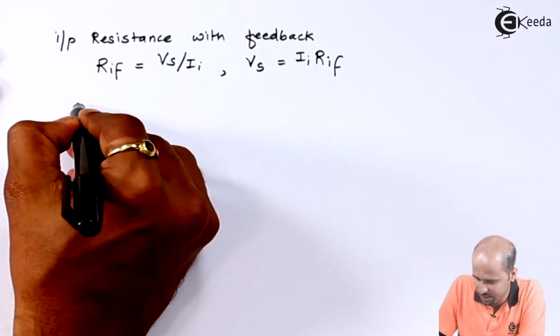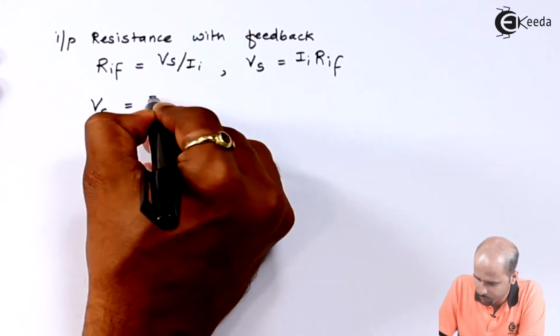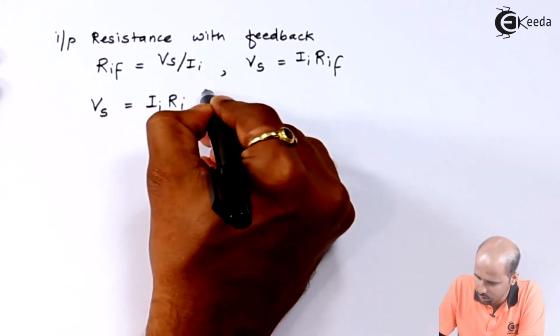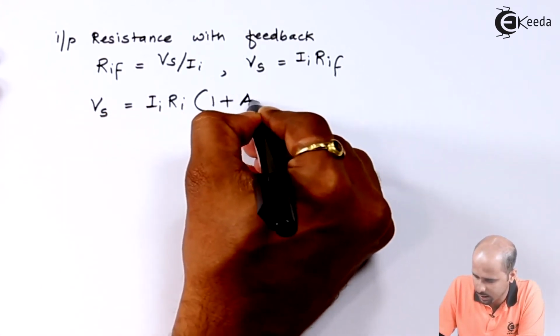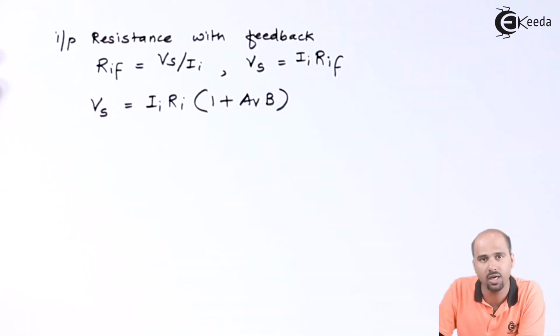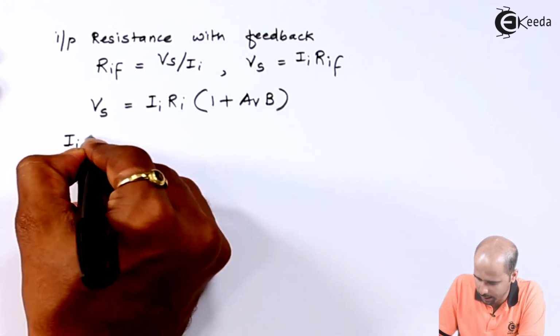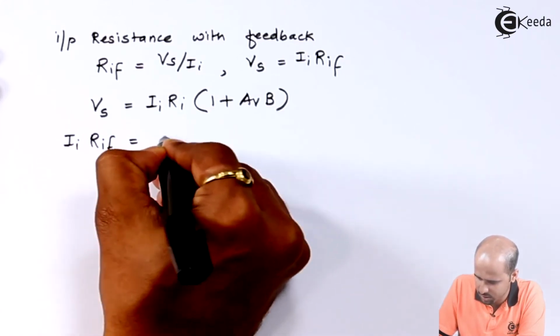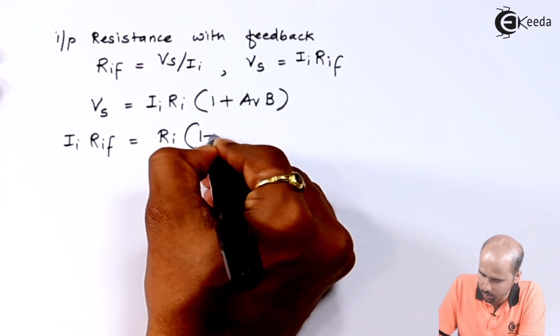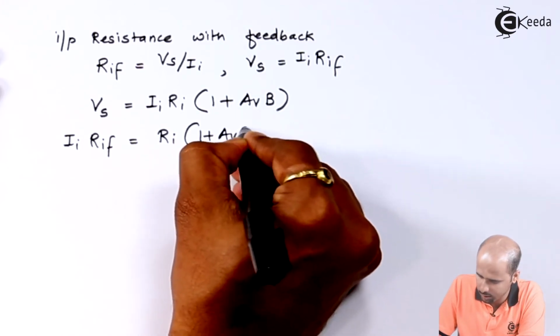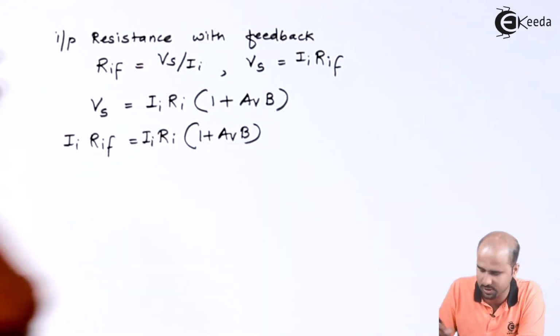We can say that Vs, rewriting this equation, is Ri 1 plus AV into B, right? And Vs is nothing but Ii into Rif, which is equal to Ii into Ri 1 plus AV into B. Obviously Ii is present, right?